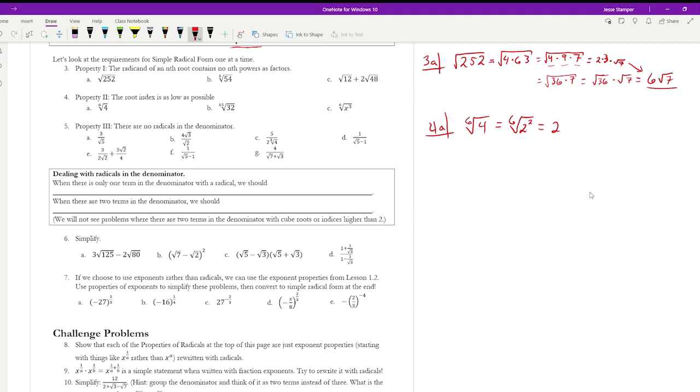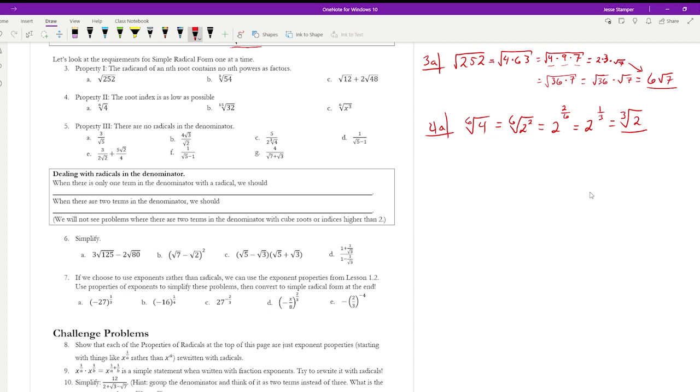Remember, the exponent is the numerator. The root index is the denominator. We have a fraction that can be reduced. 2 over 6 can be reduced down to 1/3, which means the cube root of 2 is actually the reduced form of the 6th root of 4.